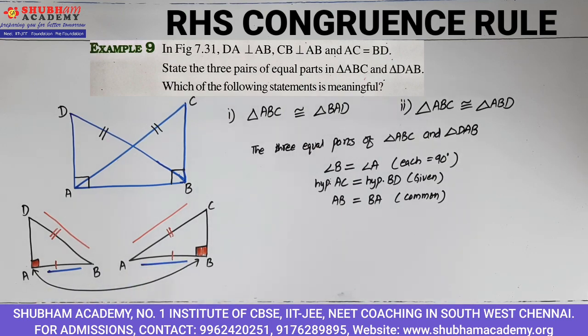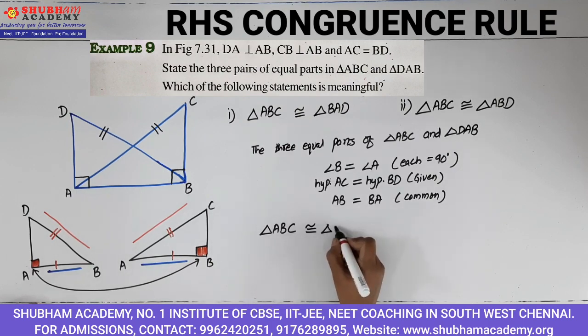So what can I write? First part, as they have given, triangle ABC is congruent to triangle BAD. Why?